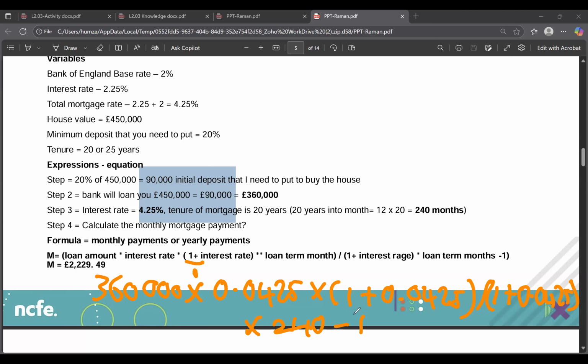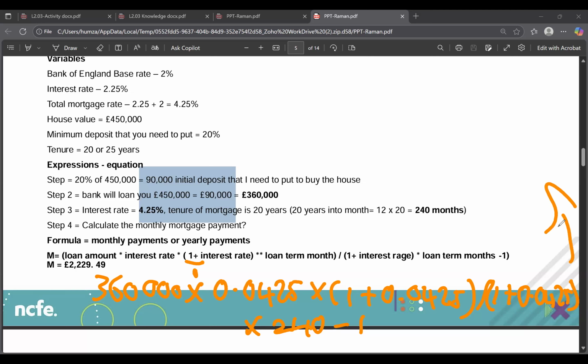Remember what I said before, we have to do it in order of BODMAS. So if we do it in order of BODMAS, I'm going to write it up here now.